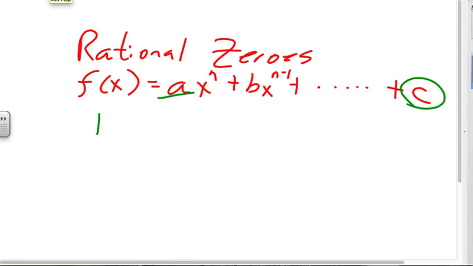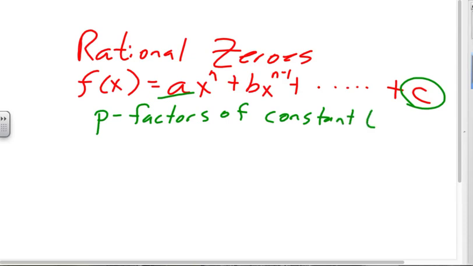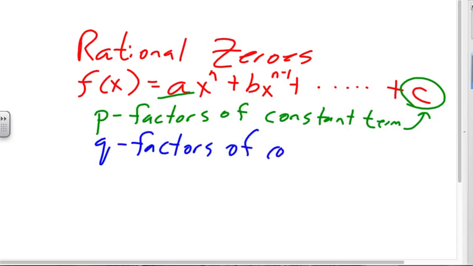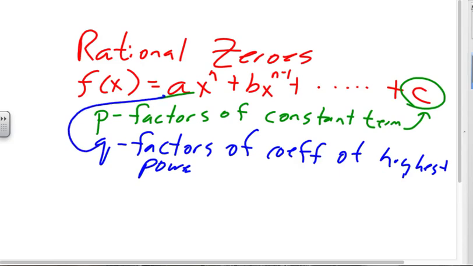We're looking at p, which are going to be our factors of the constant term, which is this guy, and q, which are our factors of the coefficient of highest power, which are factors of that number right there.